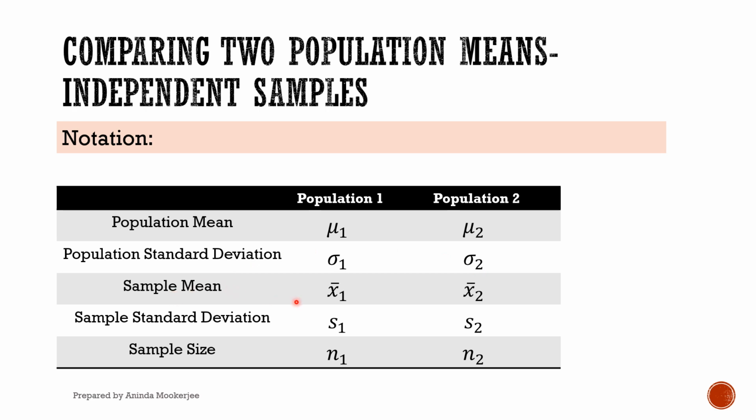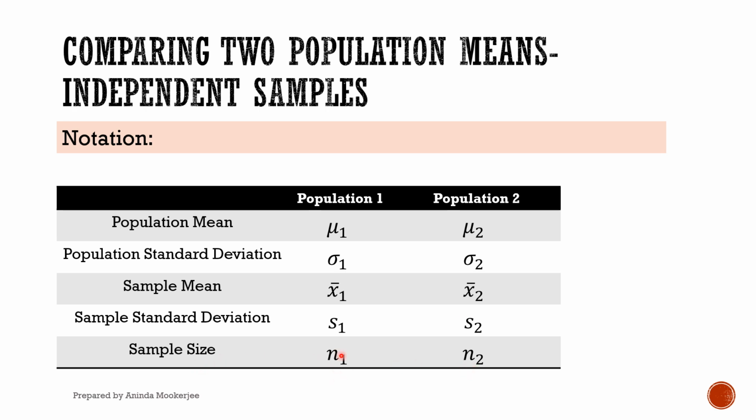For sample mean, x bar sub 1 is the sample mean obtained from the sample associated with population 1, and x bar sub 2 is the sample mean associated with population 2. Sample standard deviation, S sub 1 and S sub 2. And finally, sample size is N sub 1 and N sub 2.